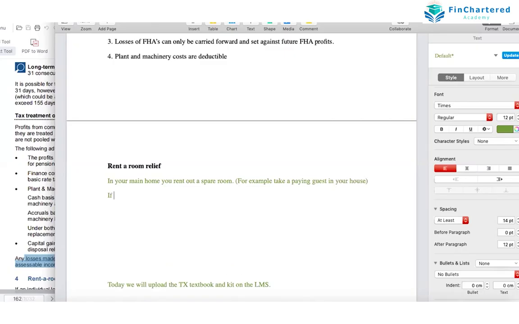Now, if rental income is equal to or less than £7,500 per year, then what happens? Then there is no tax charge.